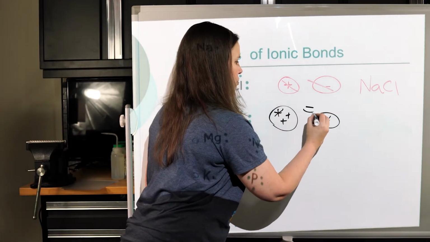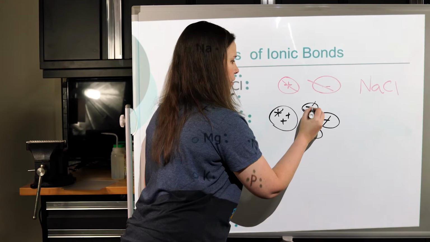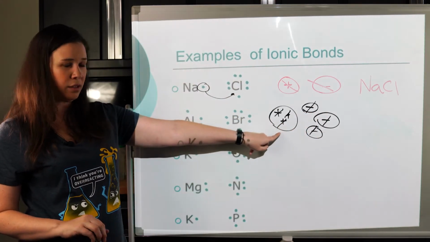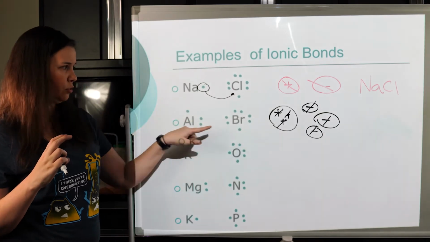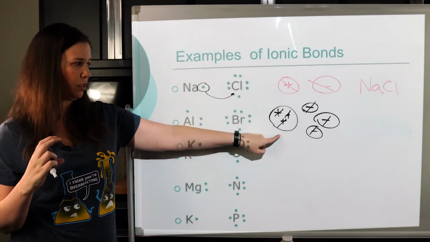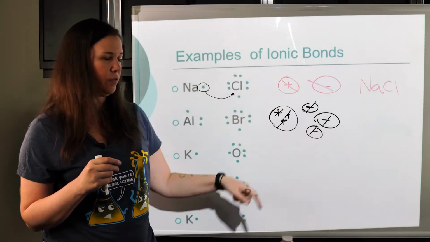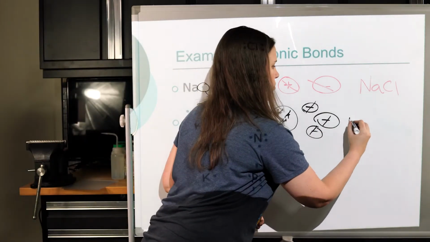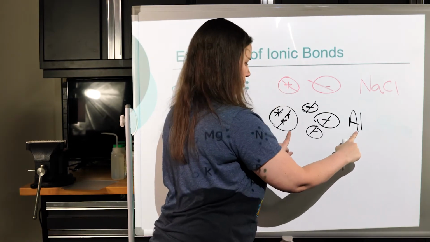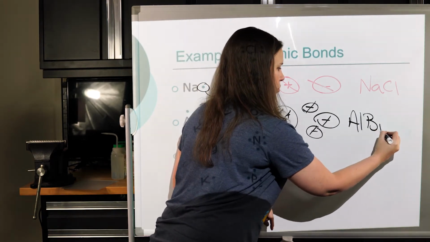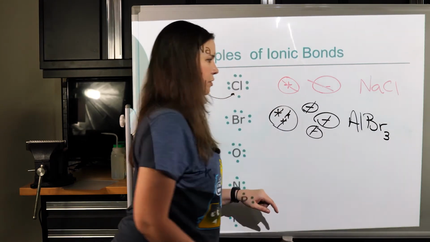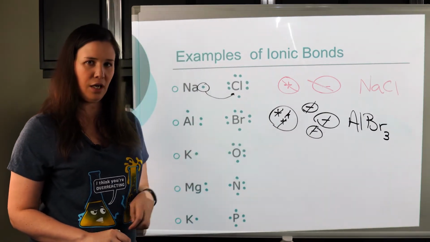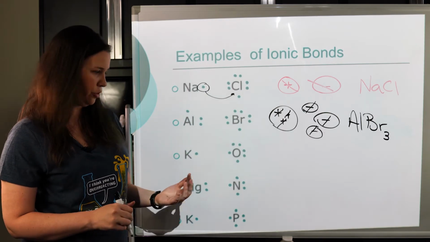So if I had 2 more negative signs, then it would cancel out. So what that tells me is I need one of this positive set, the aluminum coming as a set of +3. But then I need 3 of the -1s, the bromine coming as a set of -1. So the way you would write that is aluminum just once, but bromine 3 times. So the idea is to figure out how many of each atom you need based on the charges.